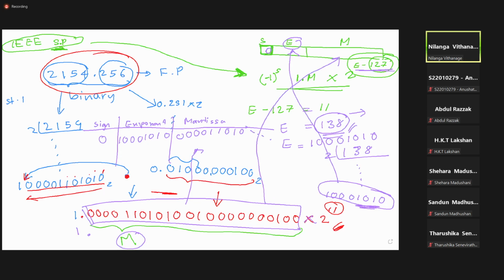So this is the correct way to do this floating point calculation. And students make a lot of mistakes, right? Sometimes they forget to do this calculation. Sometimes they take this value directly. Then you will lose some marks. Here also there are lots of numbers, lots of ones and zeros. Sometimes you might miss 1 or 2 numbers, then you won't get full marks.